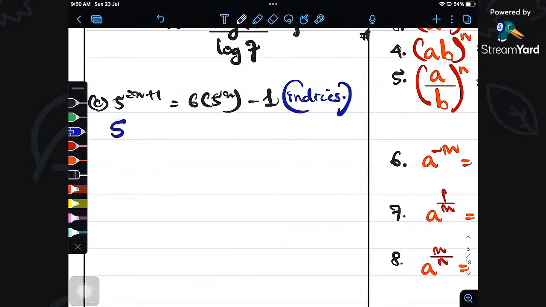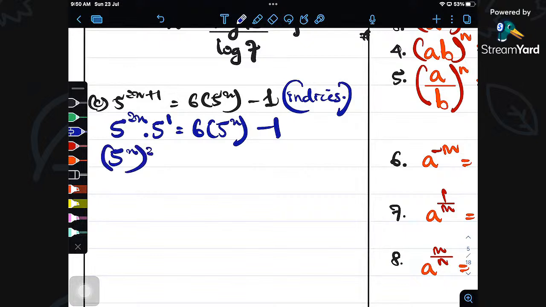Saya laju ya. This can be pecah menjadi 5 to the power of x times 5 to the power of 1. Kalau you lupa, you tolonglah refer rumus indices. So here goes. This 5 can be changed into (5^x) to the power of 2.